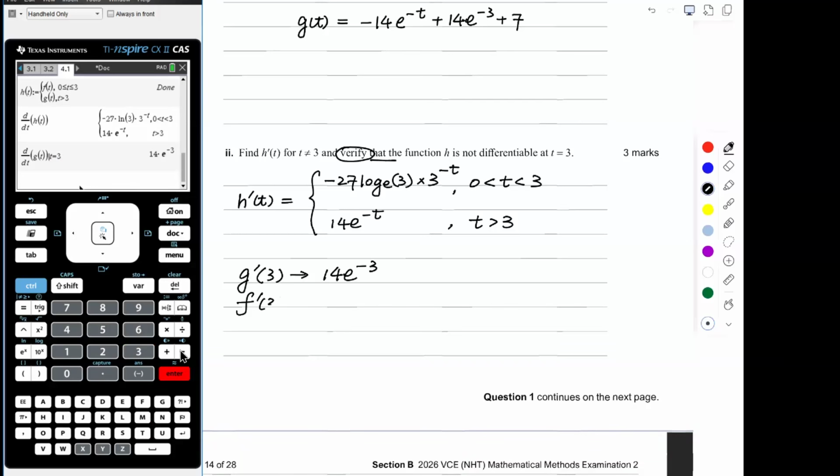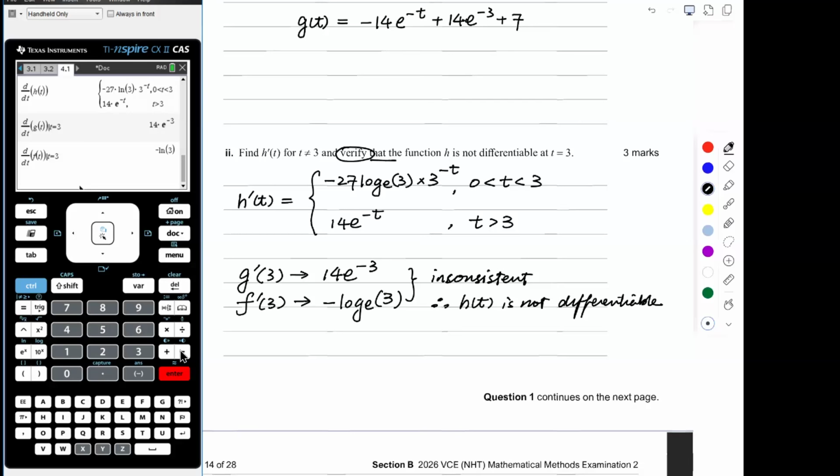And f dash of 3 is approaching negative log e 3. So these two values are inconsistent. Therefore, h(t) is not differentiable at t equals 3. So the problem is solved.